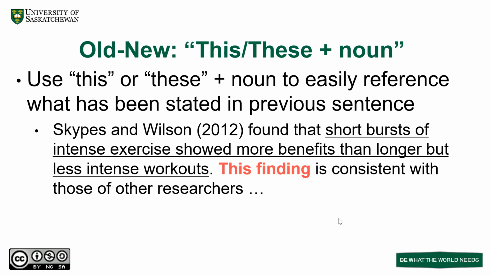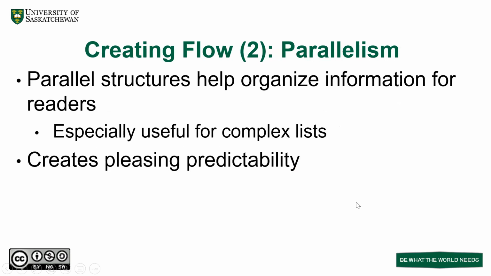So this finding very clearly references the results of the research study referenced in the preceding sentence, but we don't have to repeat all the detail of those research results because we're capturing it with the phrase this finding. So that's just one of the bits of technique we can keep in our writerly toolkit.